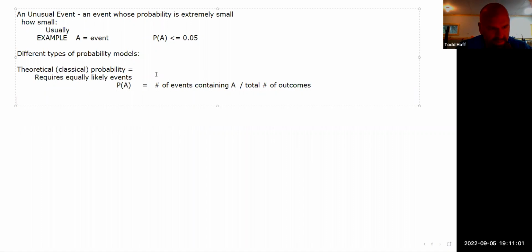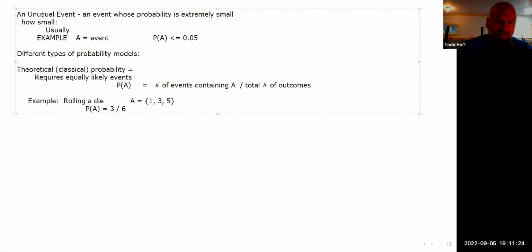So our example here, rolling a die. If we define A to equal the event of rolling an odd number, then P of A, well, there are 3 outcomes in A, and there are 6 total outcomes. So that's 3 out of 6 or 0.5 or 1/2, however you want to express it.